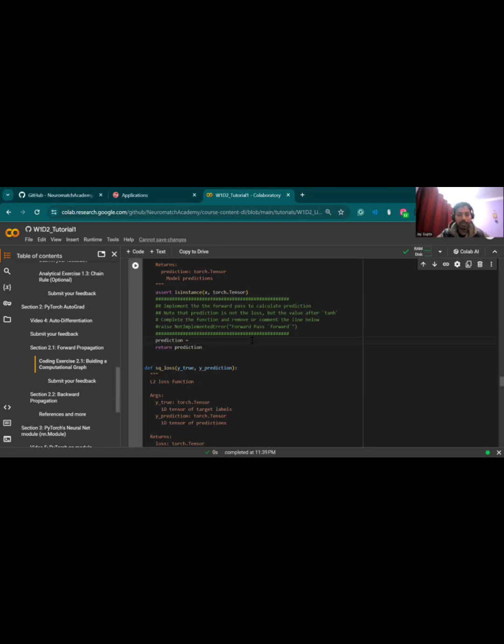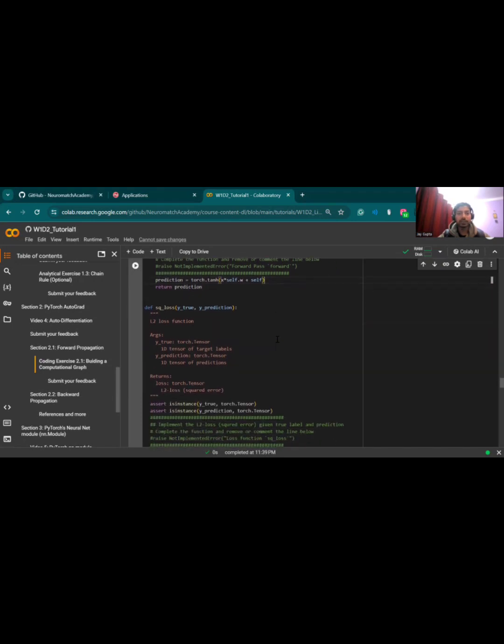We'll be multiplying our input with the weight and adding the bias. Since we are utilizing PyTorch, we'll be taking the tanh activation from the PyTorch library. So yeah, okay, we are done.